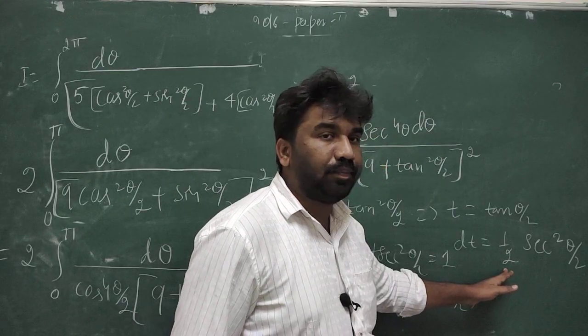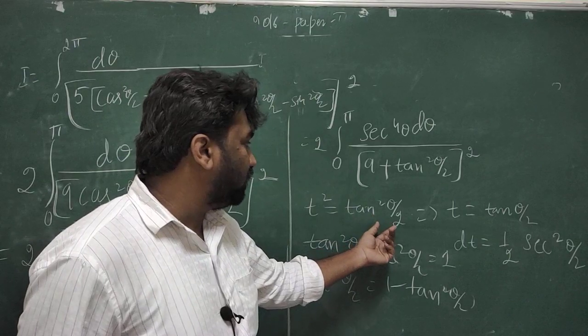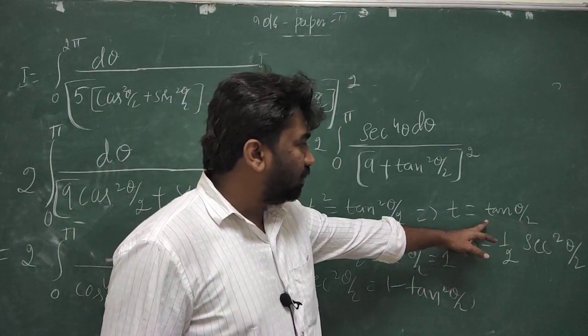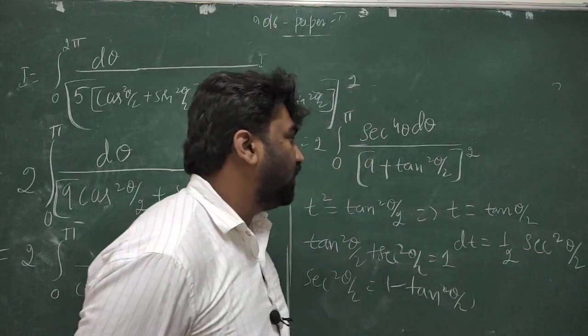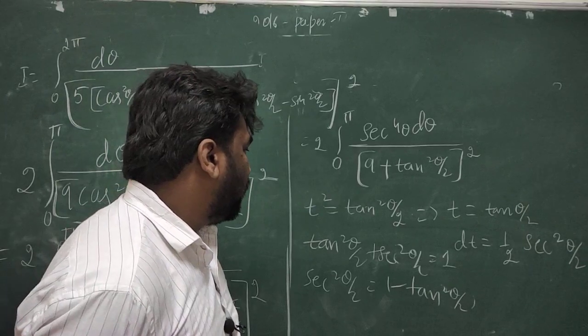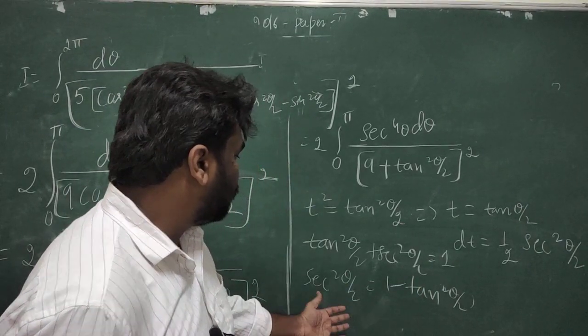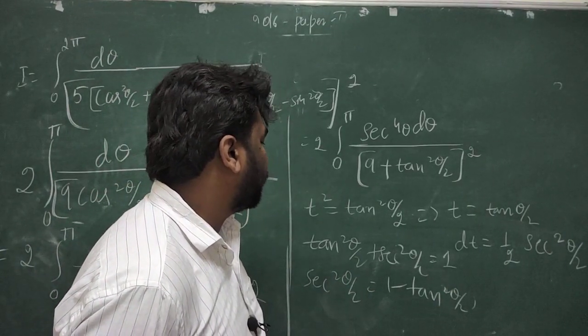If t square is tan square theta by 2, then t is tan theta by 2. Differentiating, dt is equal to 1 by 2 into secant square theta by 2 into d theta.